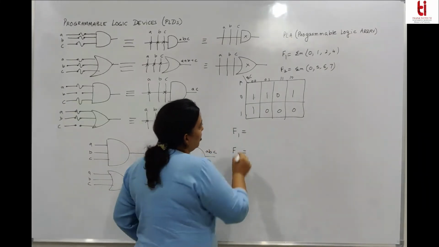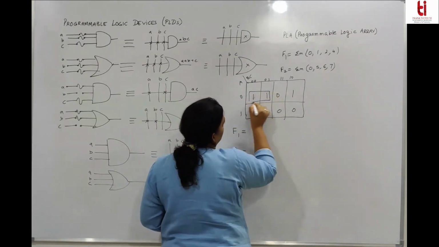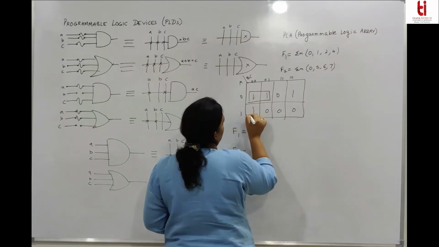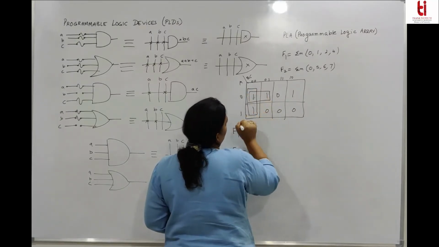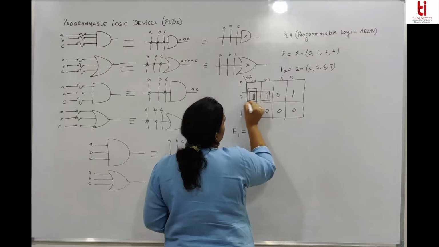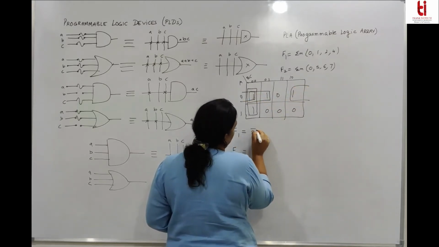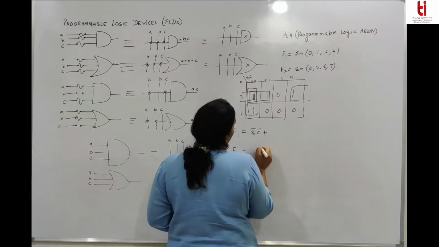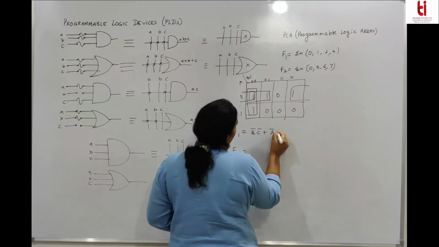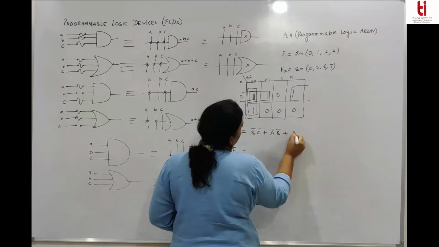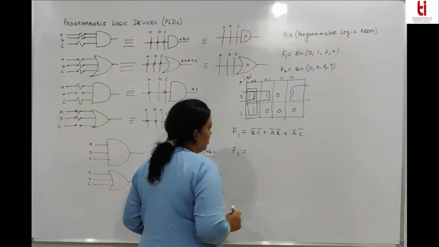Fine. What is F1? This is 1, this is 2 and this is 3. There are three minterms. So we have B bar C bar, we have A bar B bar, and we have A bar C bar. This is F1.